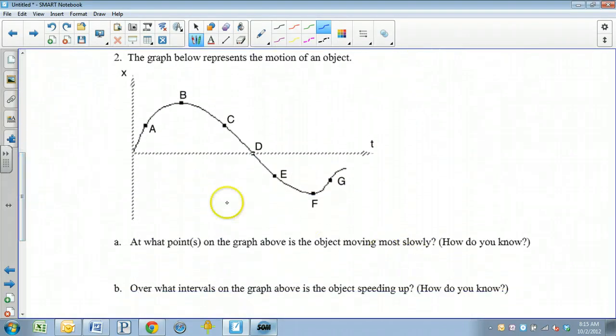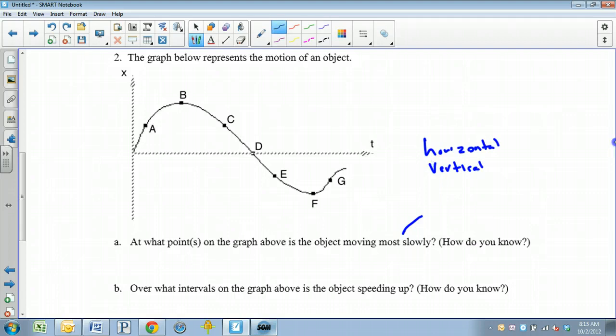For the next question, we have an object that is clearly not going at a constant velocity, but it's also not disjointed. It's smoothly curving through. So we're asked at what point in the graph the object is moving most slowly. The trick for this is that we have two extremes of how fast an object is moving. We have a horizontal line and a vertical line. A horizontal line is a slope of 0, which means it is showing very slow motion.